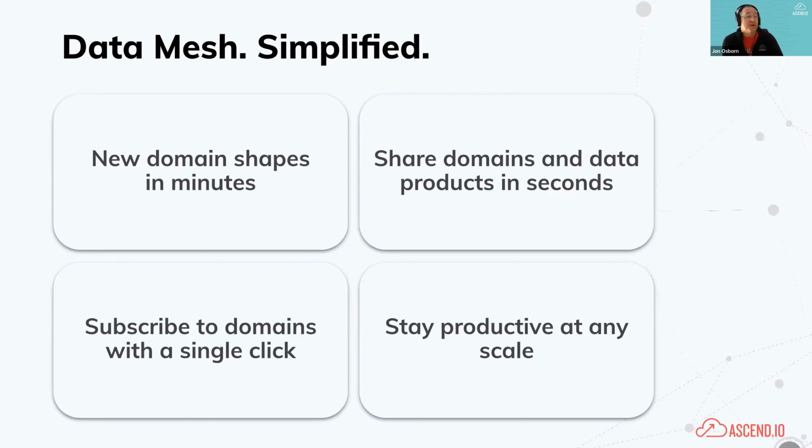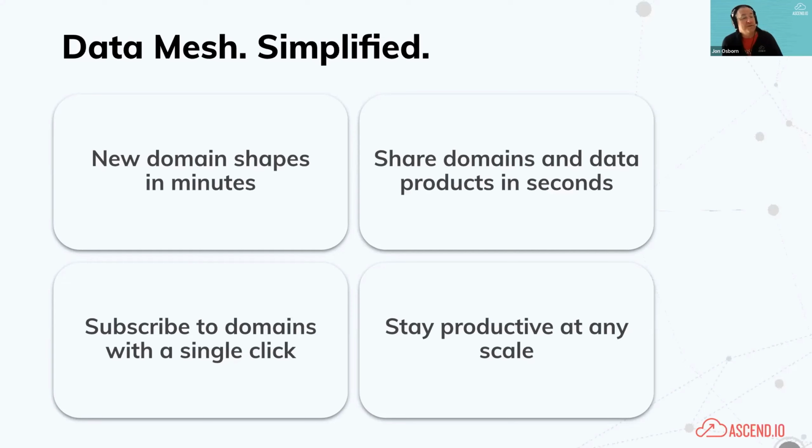The other two points: staying productive is key. We are adamant at Ascend that your org should scale in terms of data seamlessly, without having to worry about your organization slowing down, and stay productive no matter what data scale you have. So if your data were to go up 10x tomorrow, and your org would have to react in a certain way, we view that as a negative.